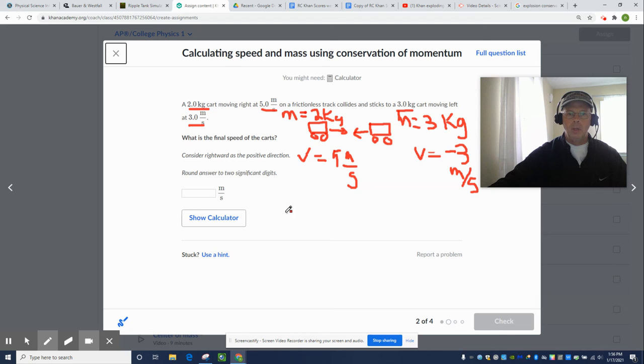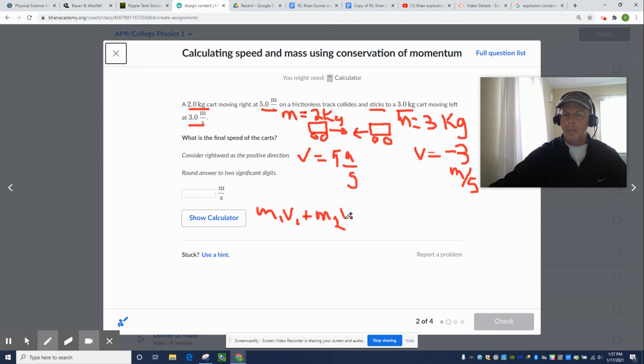All right, so for a sticky collision, an inelastic collision, that word right there means it's inelastic. Momentum is always conserved, but energy is not conserved in inelastic collisions. We just got to do m1v1 plus m2v2. That's the momentum before the collision equals the momentum after the collision.